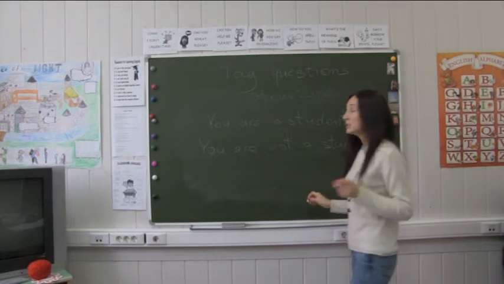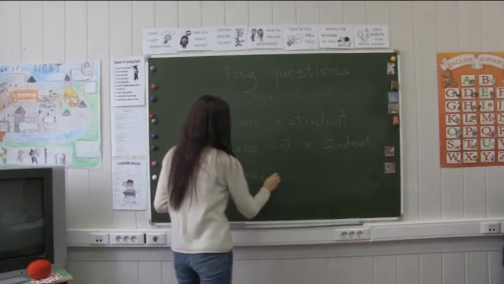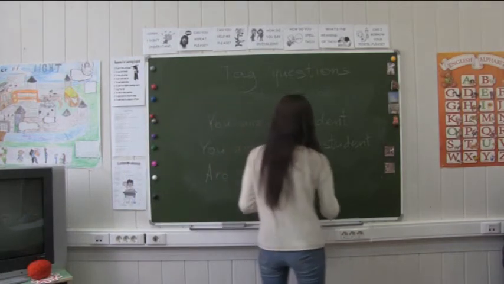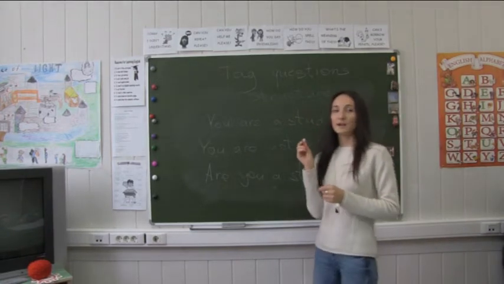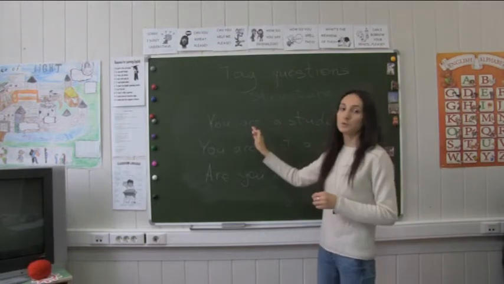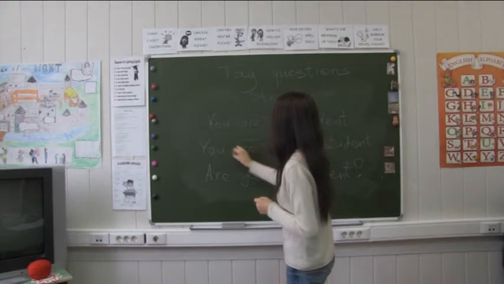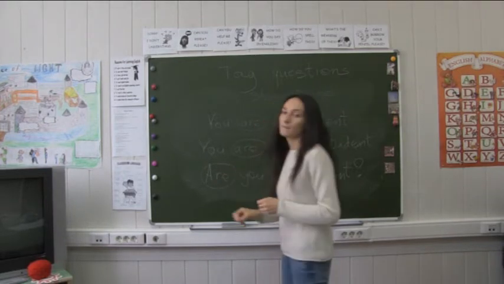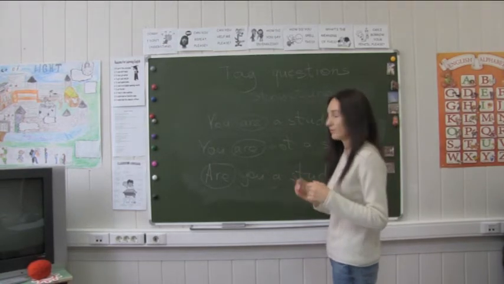Exactly. Are you a student? So, to make tag questions, if you have a sentence with to be, you need to use the to be form. So, are. That's, for example, a main verb, and you may use it as an auxiliary verb.